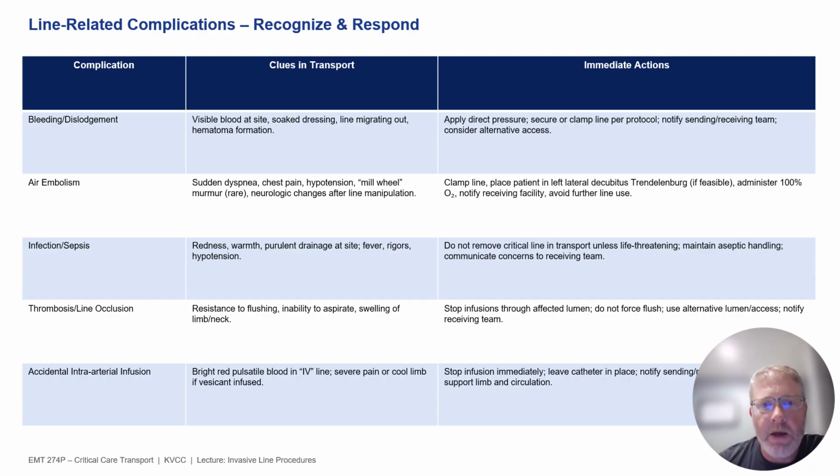If you ever suspect an air embolism, clamp that line immediately, and then position the patient left lateral decubitus with Trendelenburg if at all possible. Then push 100% oxygen and call the receiving team and tell them what's going on.